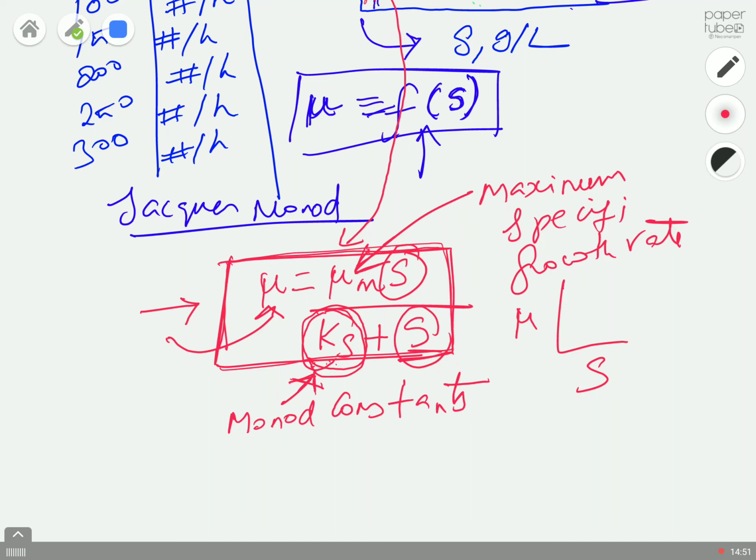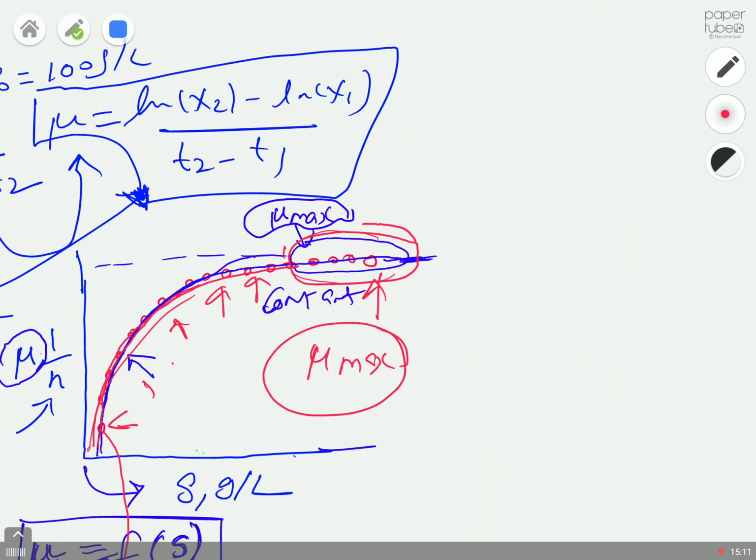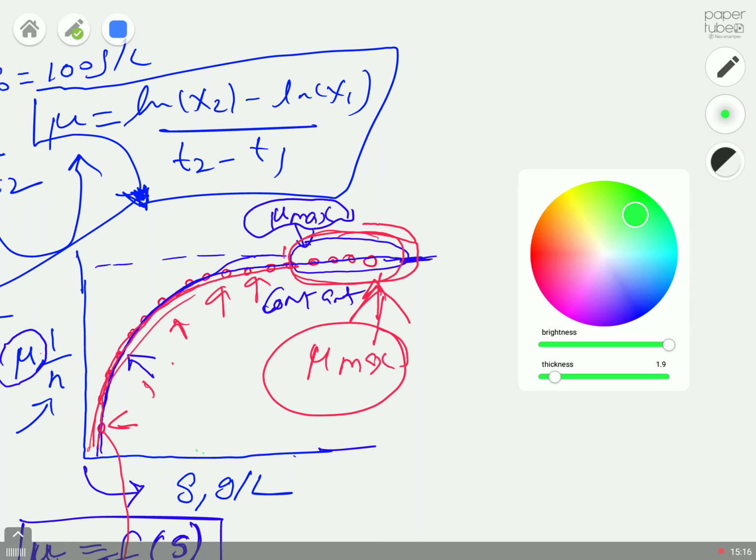One way to do it is to take this equation and put mu equal to mu max by 2. What is this? Just assume your specific growth rate is exactly equal to the maximum specific growth rate, which you observe here, we call it mu max.